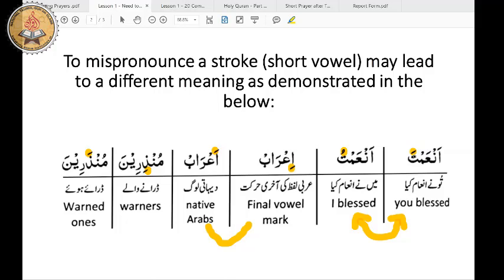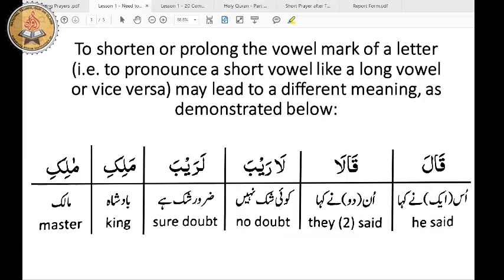In this case, it was a fatha. And just by doing it in the wrong way, you could be saying, I blessed. Even though, obviously, we're not God, we can't bless anyone. But it's supposed to be an'amta, you blessed. So as you can see, it can have a very big effect on the translation if you don't read it the proper way.